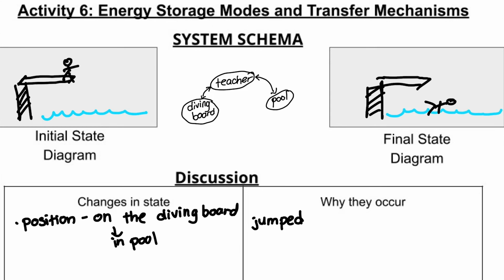All right, and the ground here doesn't really matter because we're not hitting the ground, right? We're hitting the top of the pool, but Earth is definitely involved. So we need to make sure that Earth is connected to all the objects in our system. So our system schema needs a system boundary. Okay, so that's our system schema.